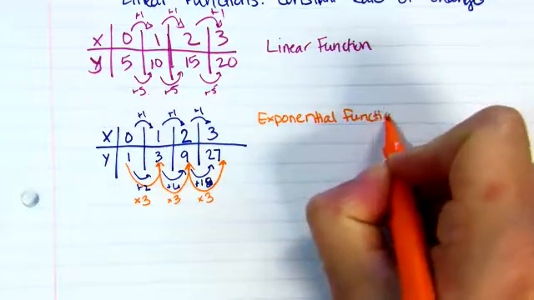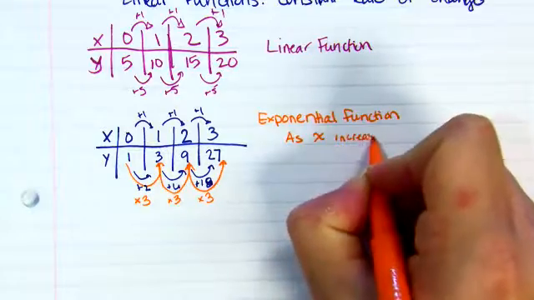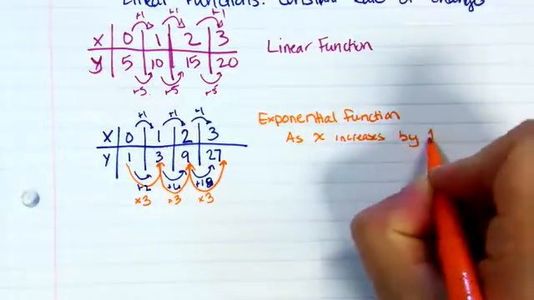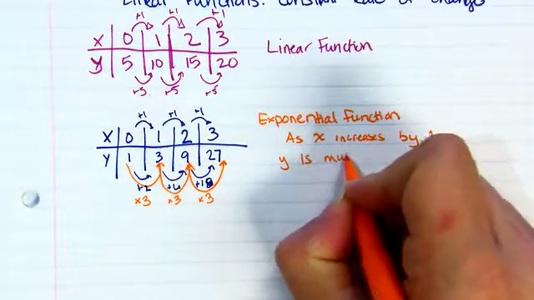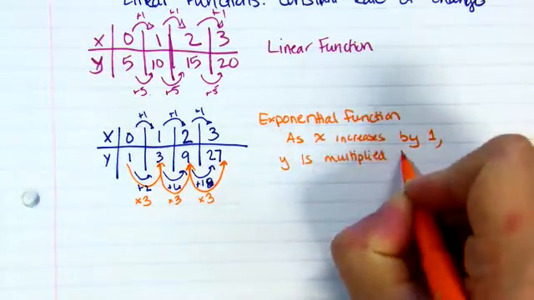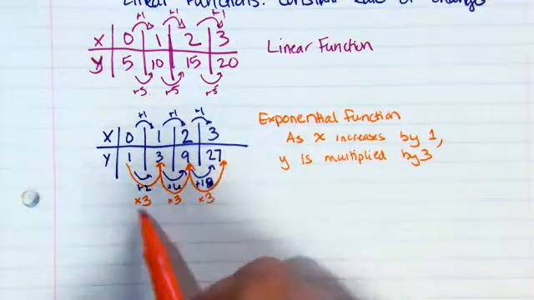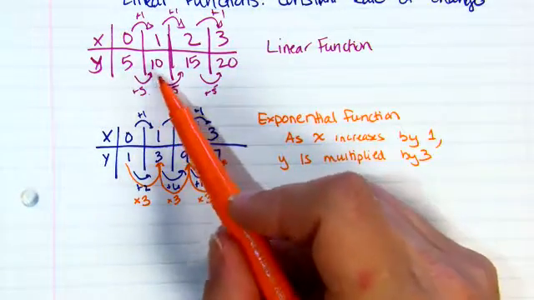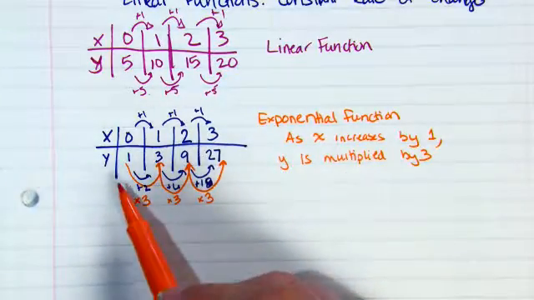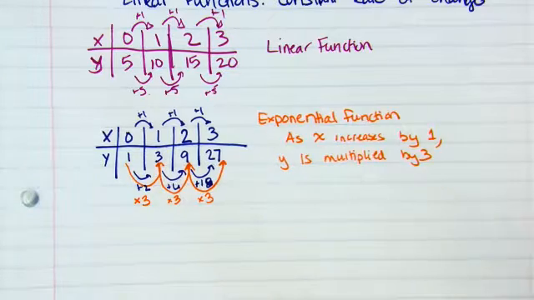And the reason that we would give is we would say, as x increases by 1, y is multiplied by 3. So to go from one y to the next, we're multiplying every time by 3. With a linear function, we were adding the same thing each time. With exponential, we're multiplying by the same thing each time. And that's the general idea behind exponential functions.